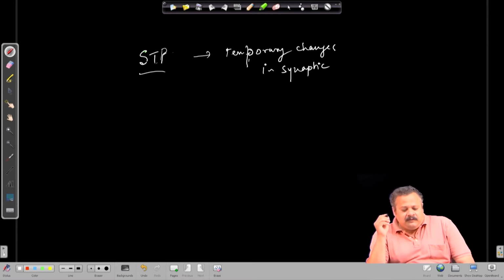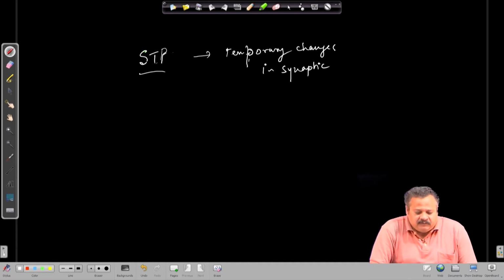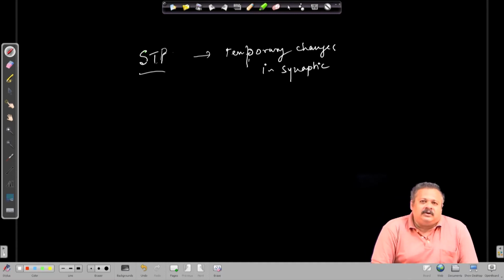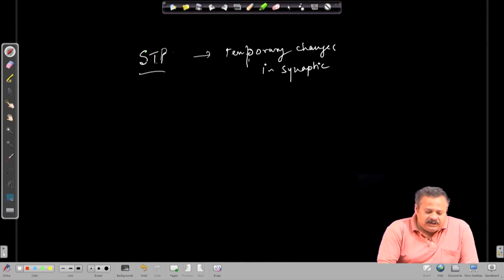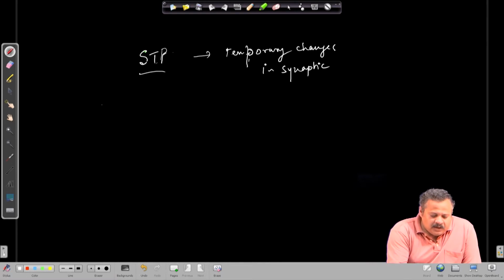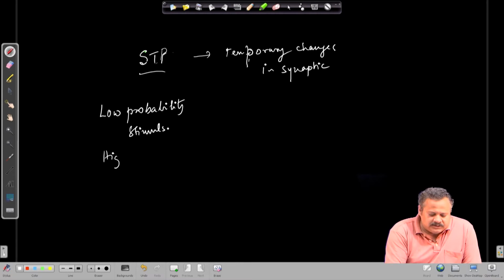So, we will discuss two particular phenomena which are based on conceptually opposite kinds of stimuli. One in which we have a low probability stimulus and a high probability stimulus.